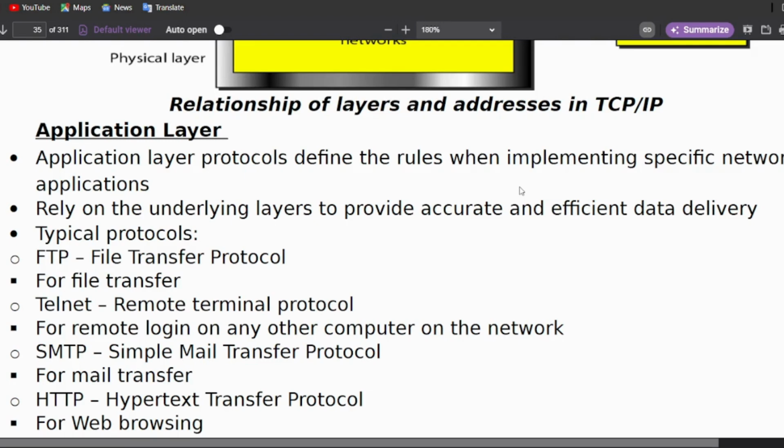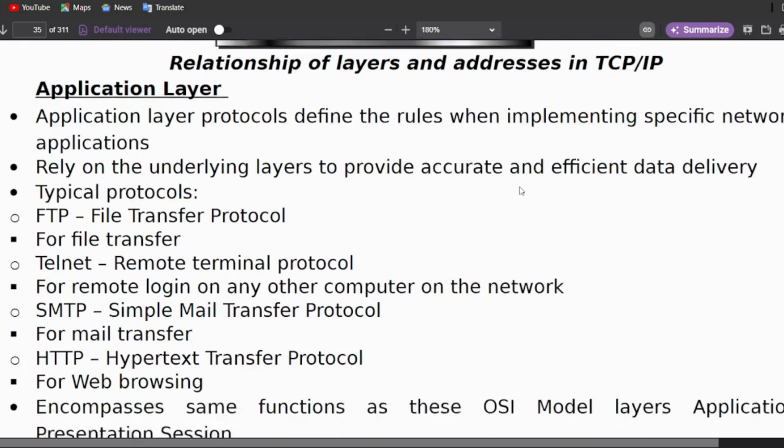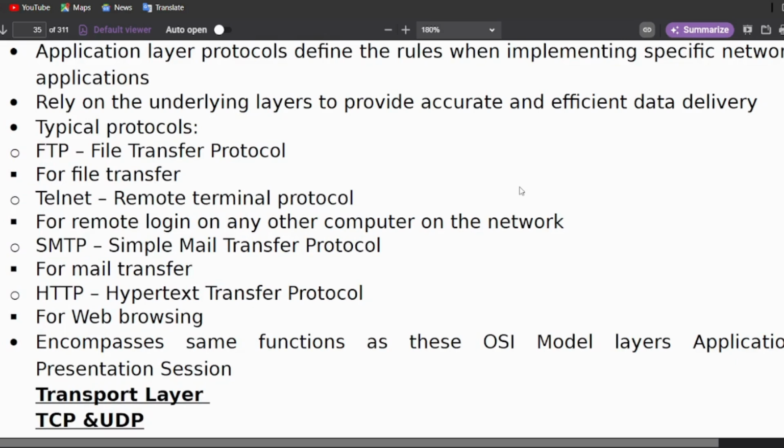If we are transferring a file, we use FTP, the file transfer protocol. If we are remotely connecting to another network, we have Telnet, a remote terminal protocol for remote login on any other computer on the network. SMTP is used specially for mail transfer; it means simple mail transfer protocol.